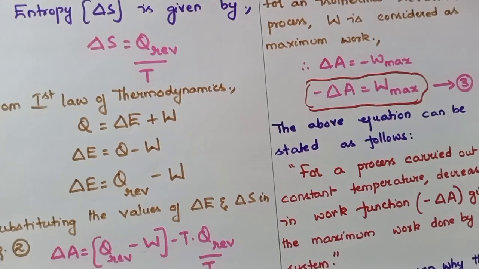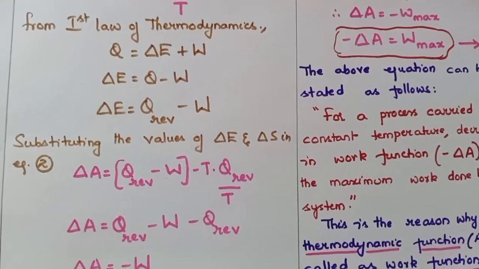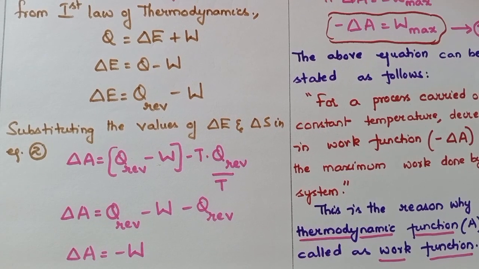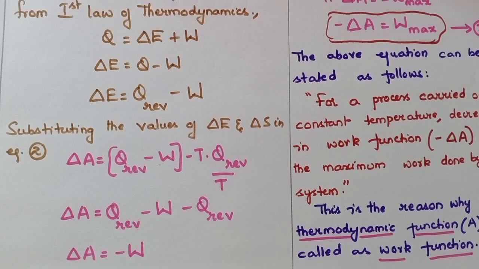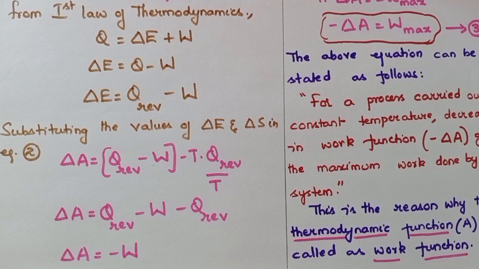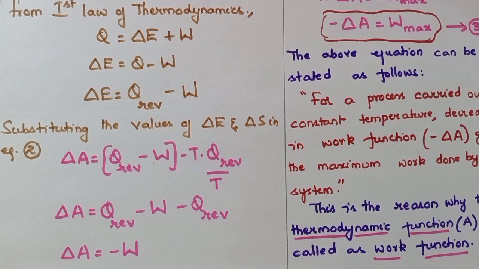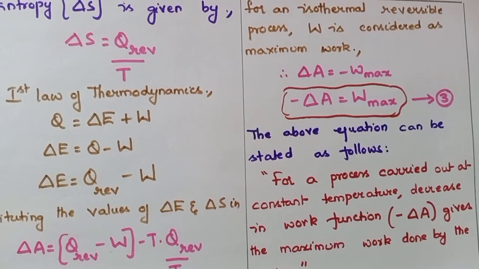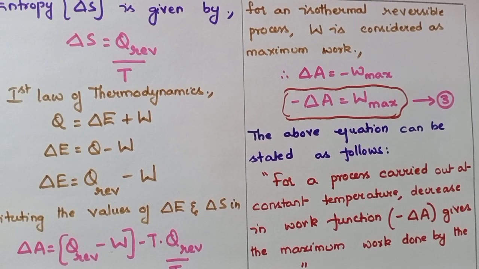Here we got delta A is equal to minus W. So, for an isothermal reversible process, W is considered to be maximum work, that is W max. So, delta A is equal to minus W will be written as delta A is equal to minus W max.